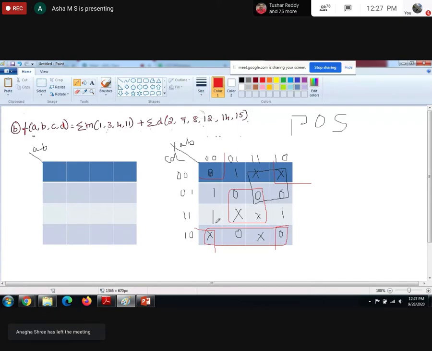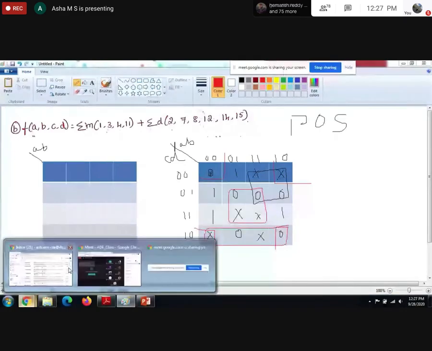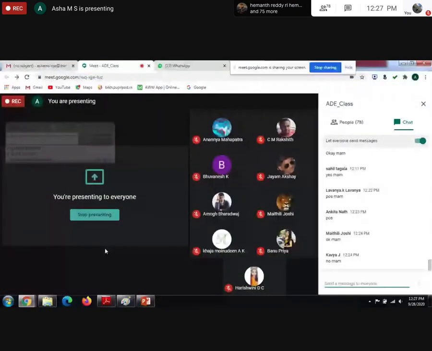Instead of this horizontal quad, if you do this also it's correct. It's not necessary that you should make a group like my answer itself. Instead of this horizontal quad, you can group these 4 also. Is this clear? Few people got 5 terms, but we are getting only 4 terms.